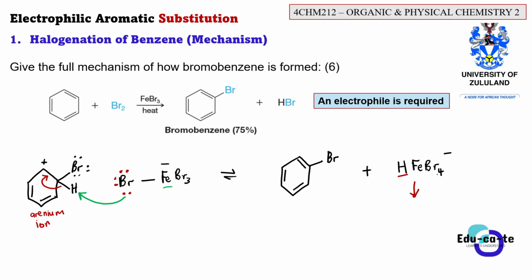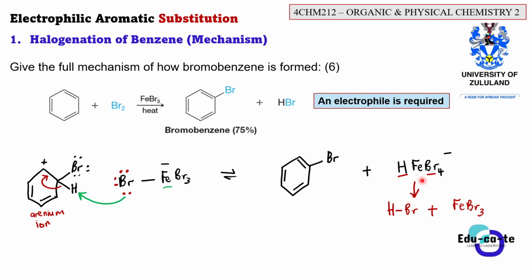This hydrogen will take only 1 bromine here. So this will give us HBr, and the remaining part will be FeBr3. So what happened here? The moment this hydrogen was abstracted, or taken, by this bromine, they formed a complex altogether, which is HFeBr4.